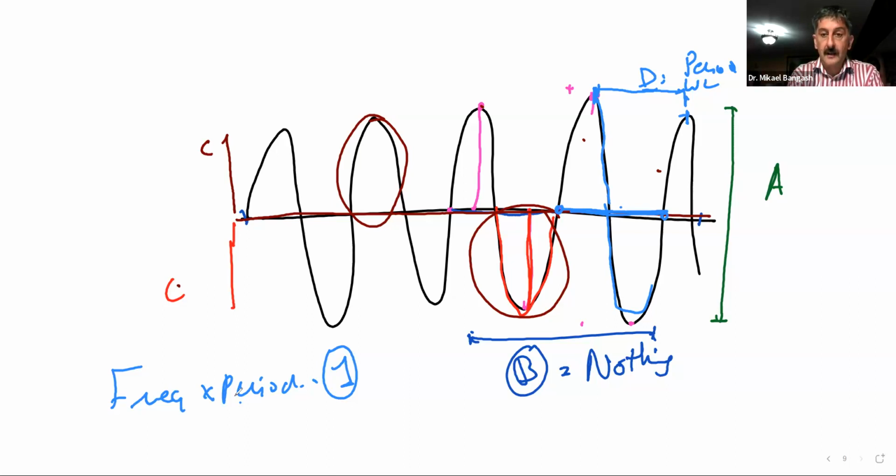So question 10, I already said that. This from here to here, or from here to here, represents the period, but that is only measured in terms of time. It also represents the wavelength if we measure it in terms of distance.